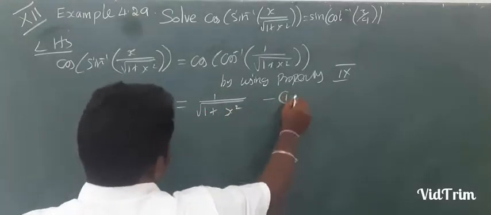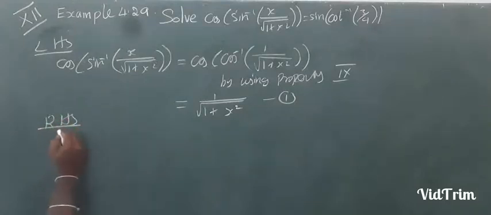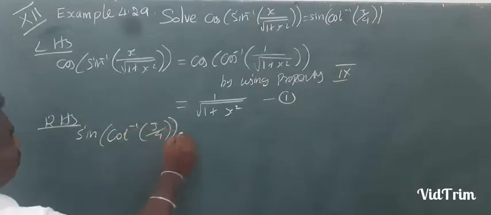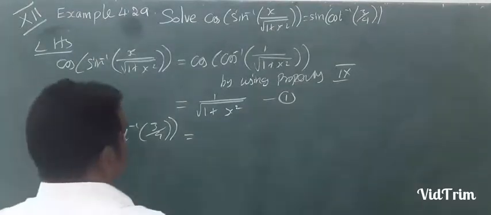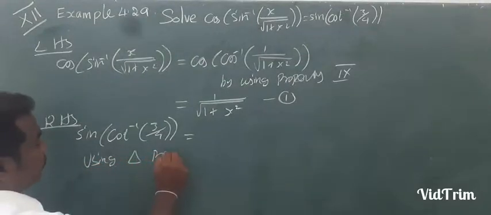It is the first equation. Now take the right hand side, that is sin of cot inverse of 3 by 4. I am using the triangle property.